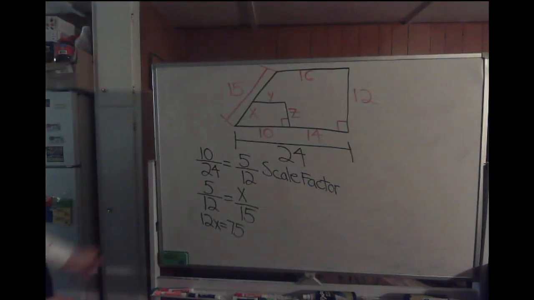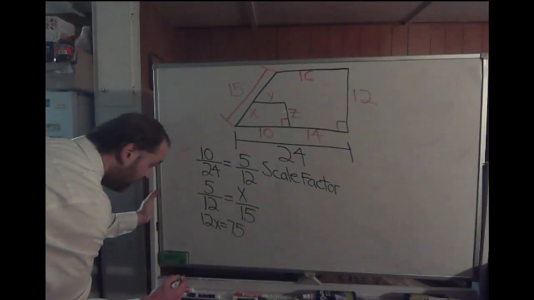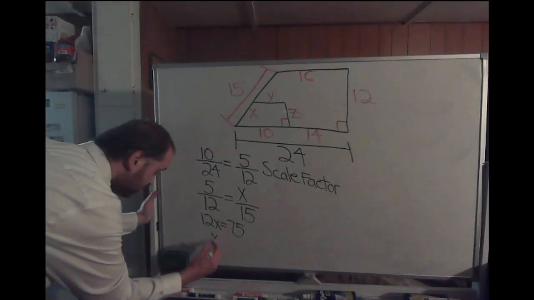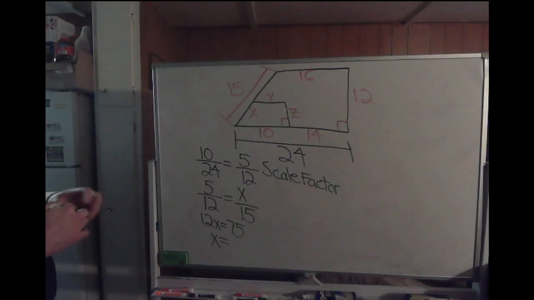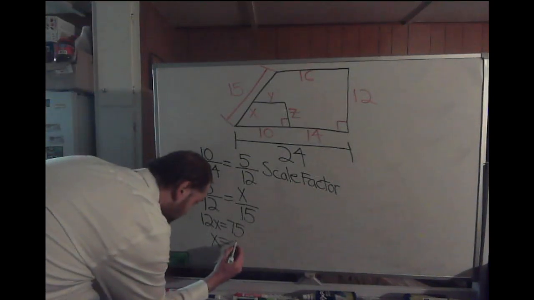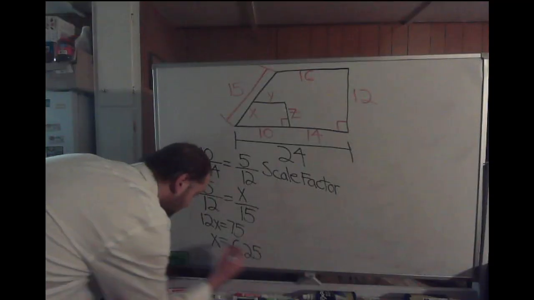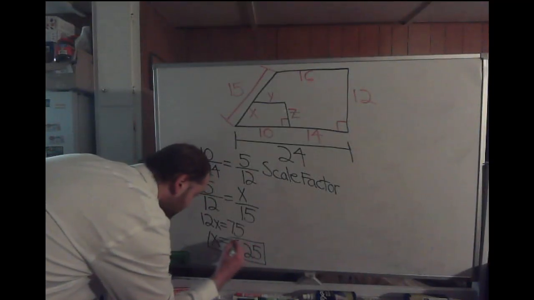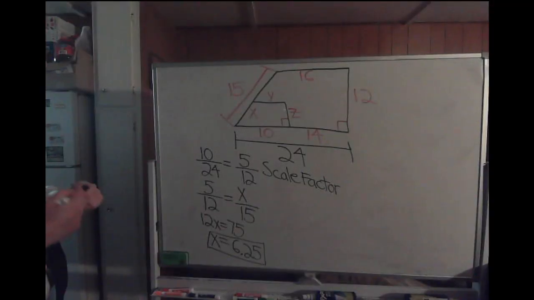And yes, you're going to get decimals sometimes. That can sometimes happen. If you divide both sides by 12, you'll get 75 twelfths, which we know is going to be 6 and 3 twelfths, in other words 6 and 1/4, so x would actually have a value of 6.25. So x is equal to 6.25.